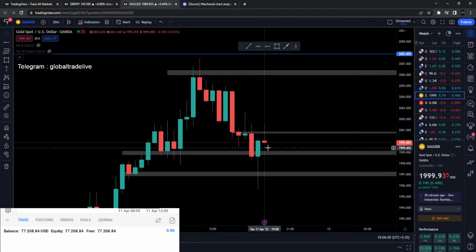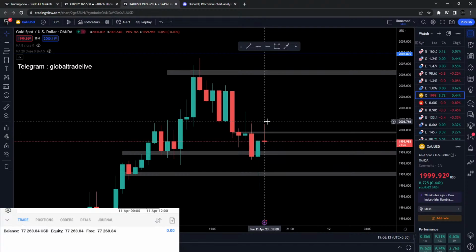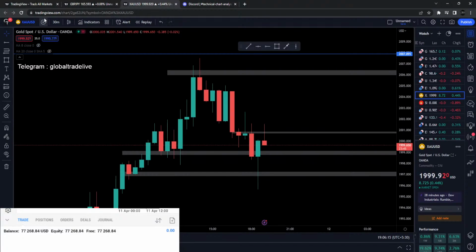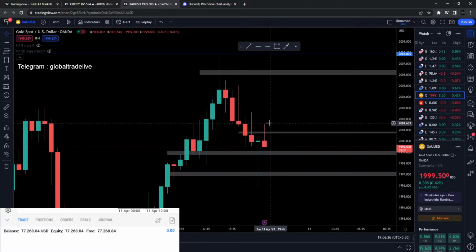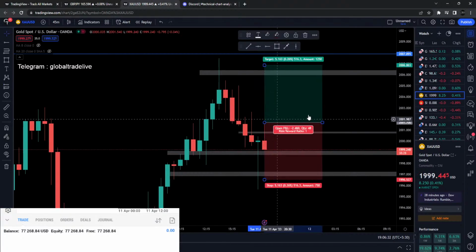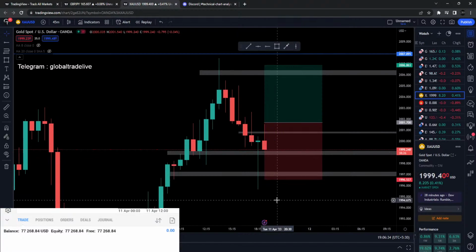Okay, so I need a lower wick to be formed, and then it should break the high. Yeah, right. The way it's doing right now, it's perfect, because if it creates a lower wick and then breaks its own high, that will be the point I can try taking a buy trade right over here.